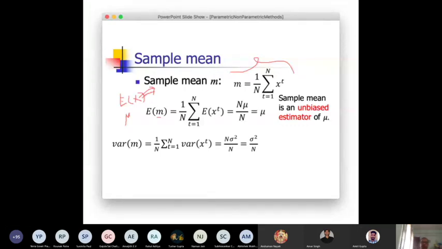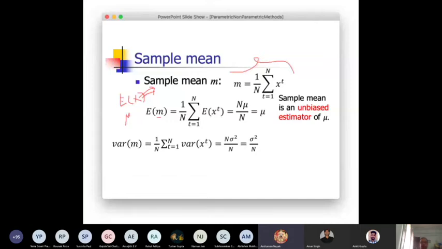Here, N sigma square by... it should be N square, no? Variance of x_t. Yes, sir.